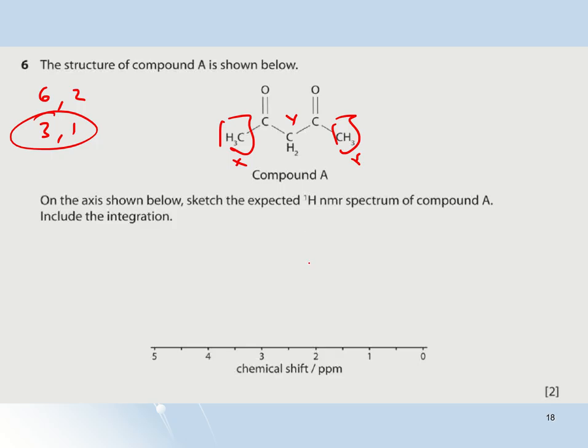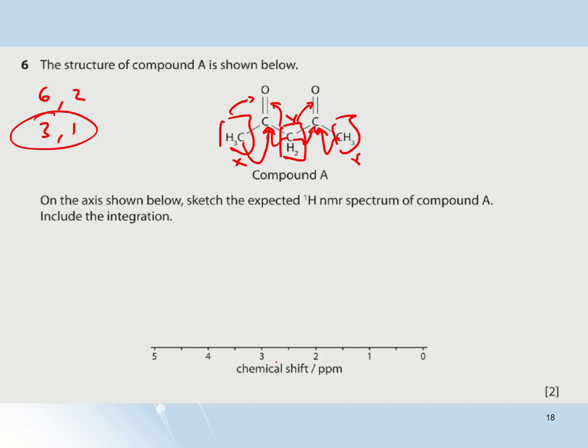The most de-shielded, the one closest to the oxygens, will be the CH2 because it's got one on one side and another on the other side, whereas the CH3 groups just have an oxygen here. So it's going to be the most de-shielded. They're all going to be singlets because this carbon here is beside a carbon with no hydrogen. Same here, same here, same here. All beside carbons with no hydrogen.